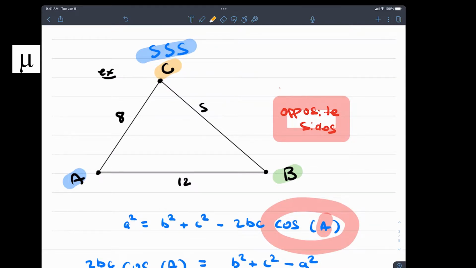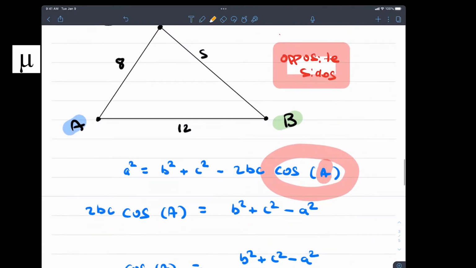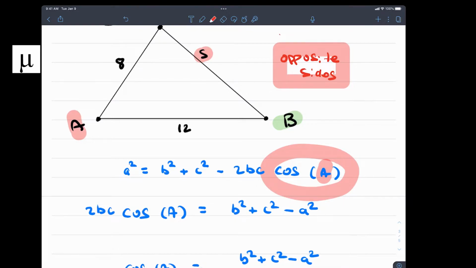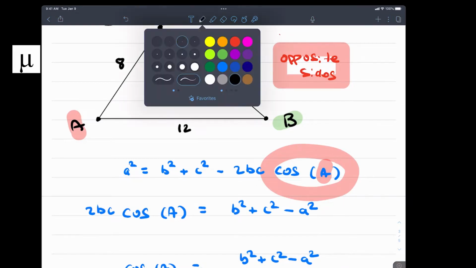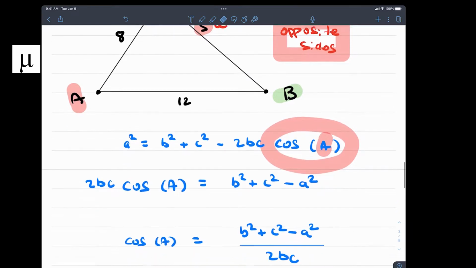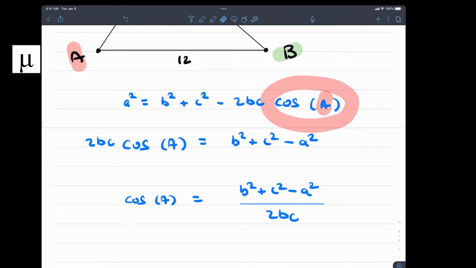Okay, so let's try that one again, okay? You guys remember this. You say pick an angle. And this time again, we're going to say A. So this is the little a. So pick the A version, and you now have this equation to solve, and now we can plug it in.